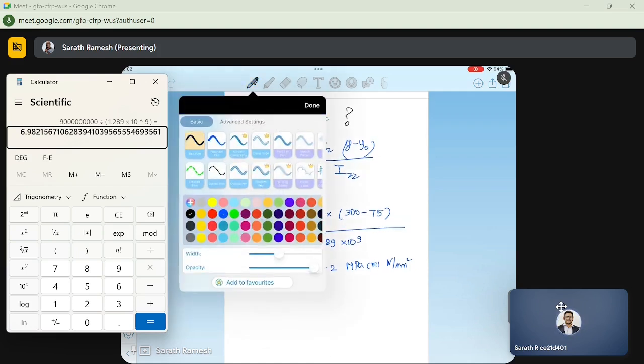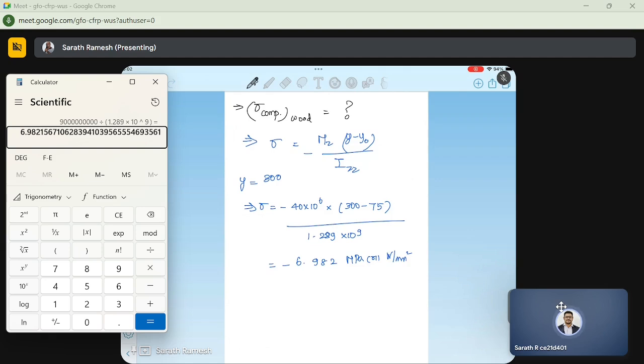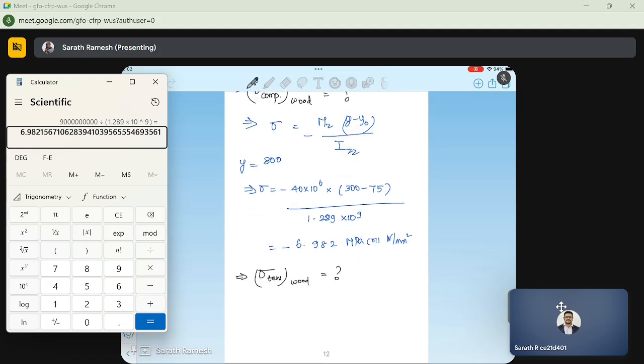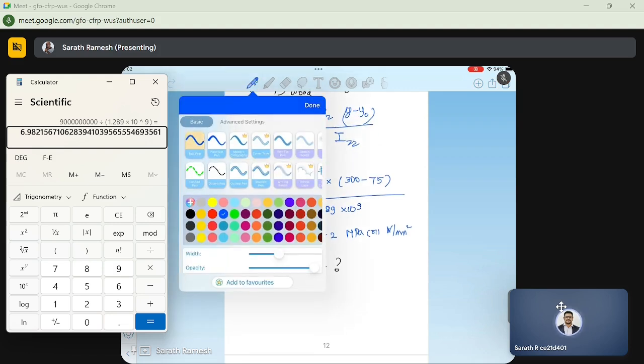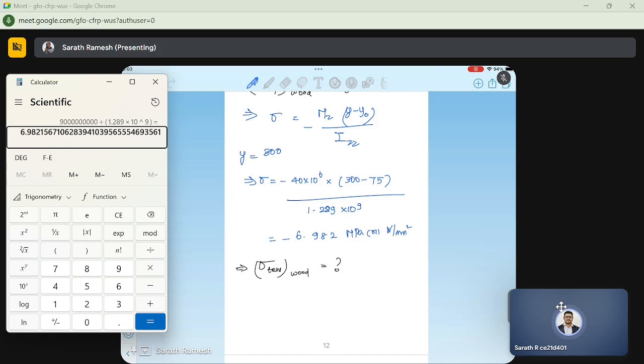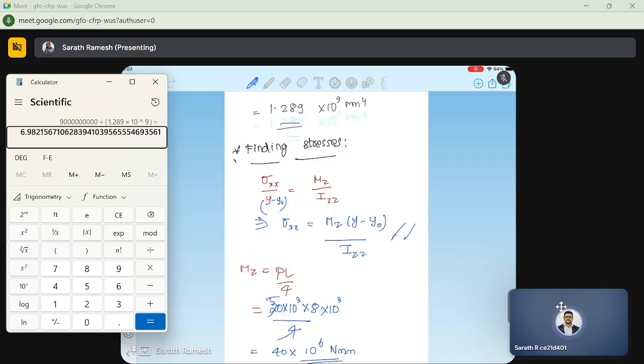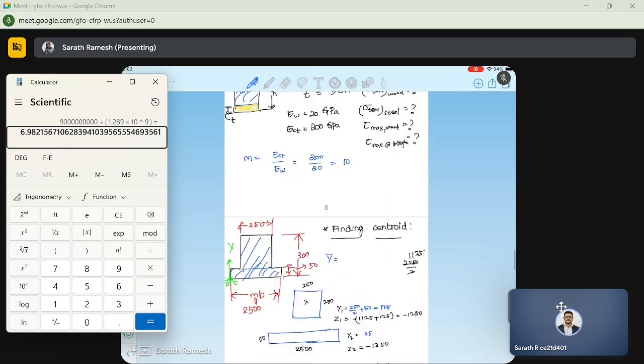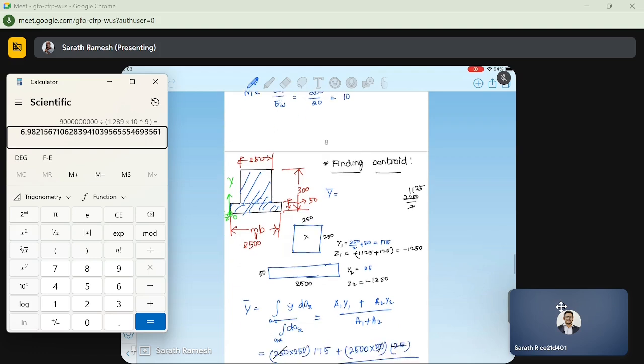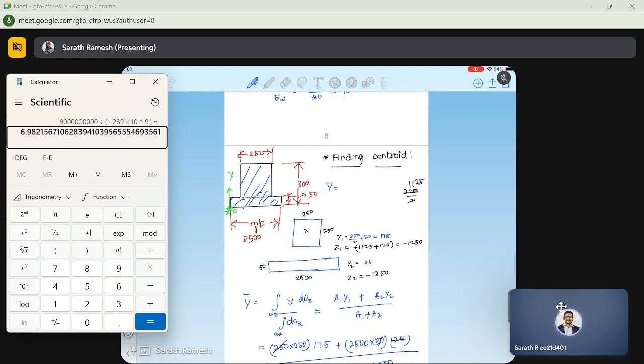Next question: what is the tensile stress, sigma tensile, in tension in the wood? Again, sigma will be equal to My by I. In the wood, the tension will occur at which fiber? This fiber at the interface.